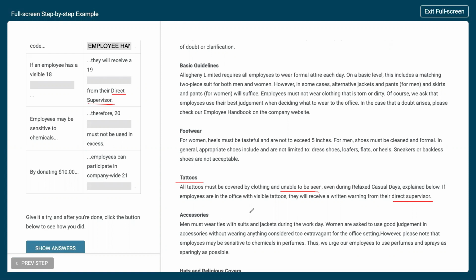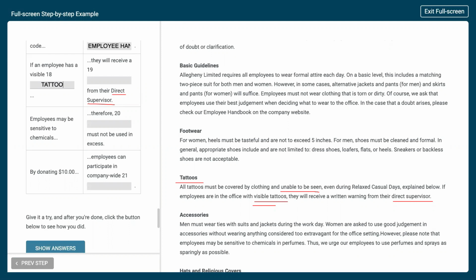So let's just look around here. It says all tattoos must be covered by clothing and unable to be seen. And if employees are in the office with visible tattoos, here we go, they will receive a warning from the direct supervisor. This is exactly what we need. And so I see if an employee has a visible, so I'm going to use the singular version of this because it says a.